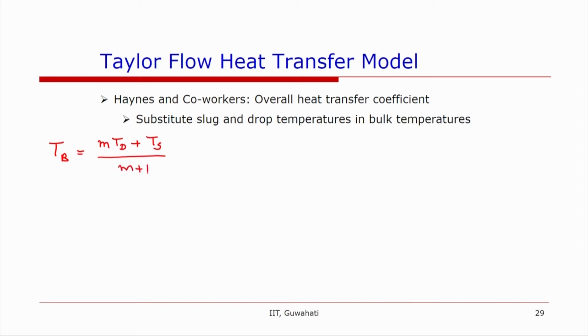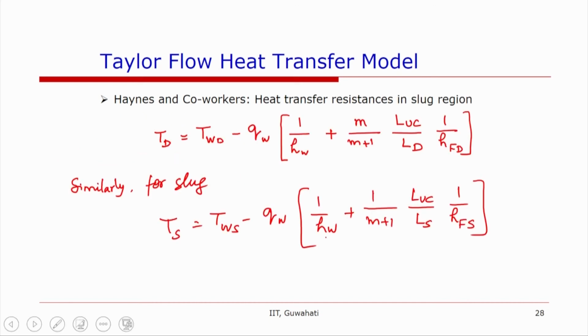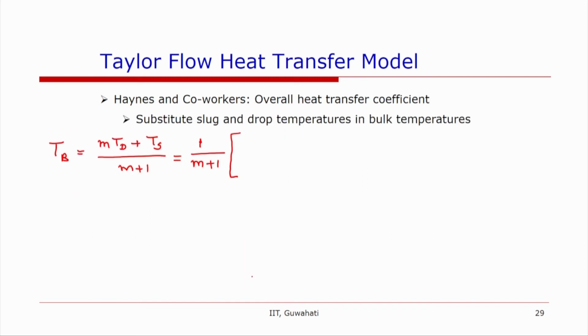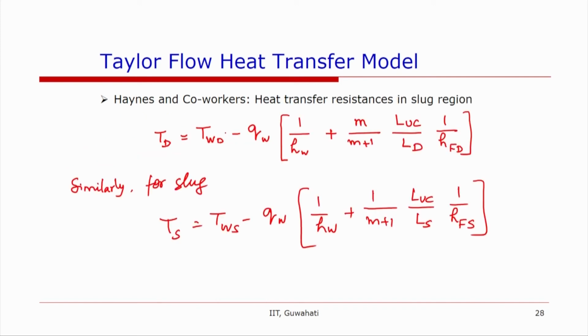So, we can substitute the two values from here and we will get 1 over M plus 1 and we will have M plus 1 TW. Ideally, we add these two terms M TWD plus TWS.